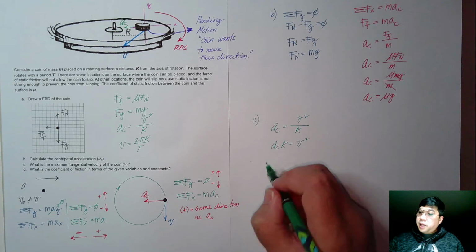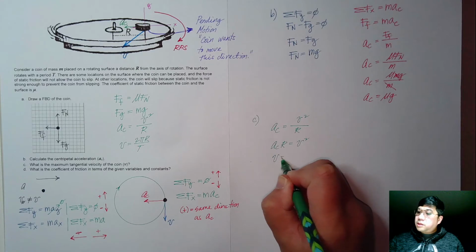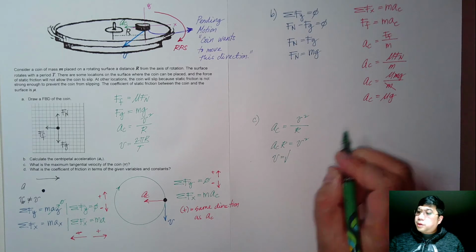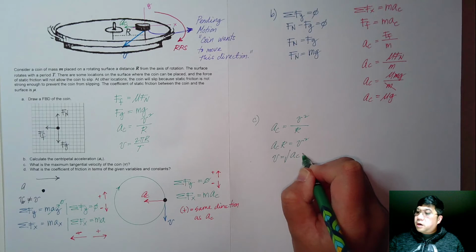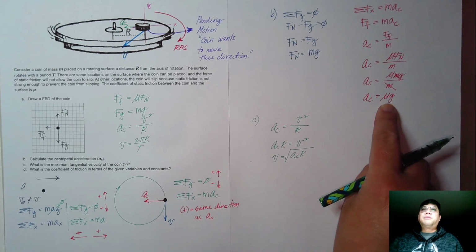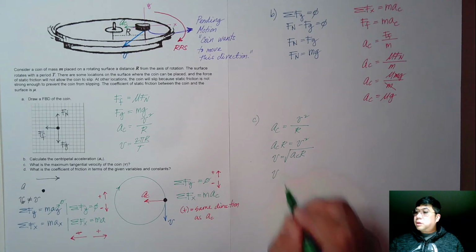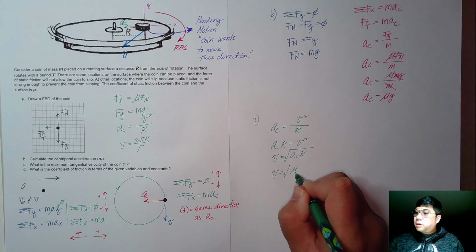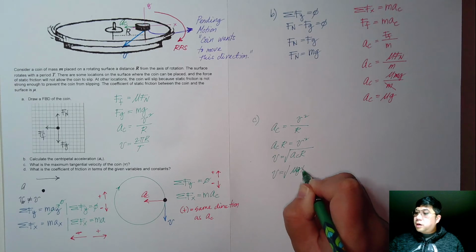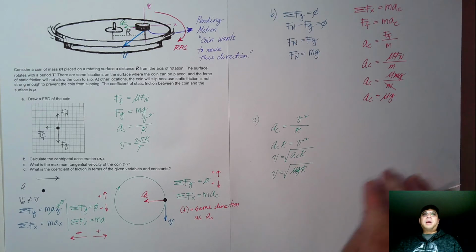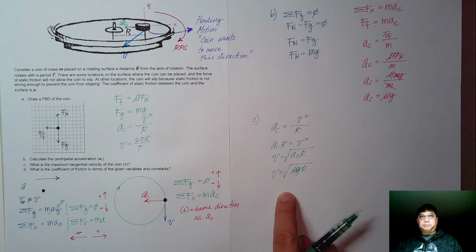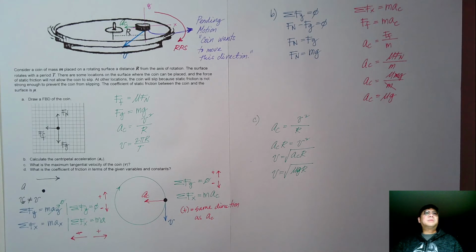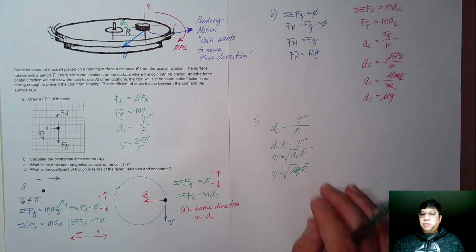So we can say that velocity is simply equivalent to the square root of ac times r, and then plug in the value of ac, which is mu g, times r, and just take the square root. So that will be the maximum velocity.